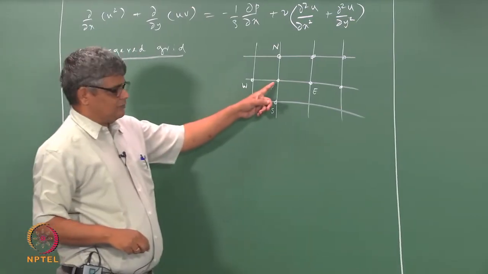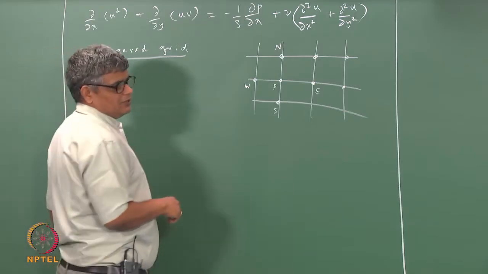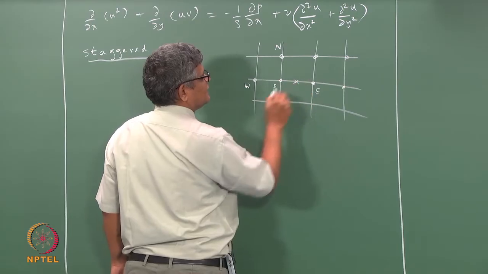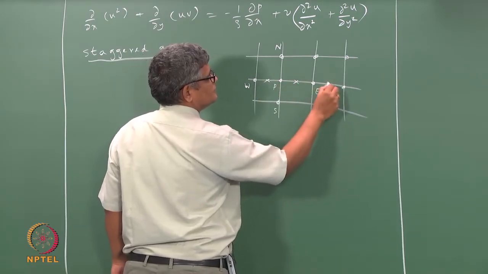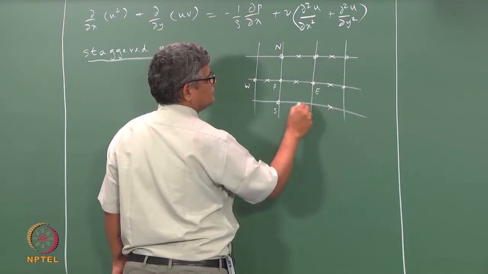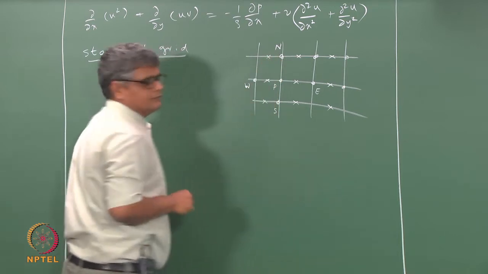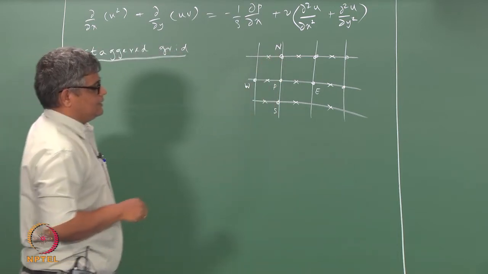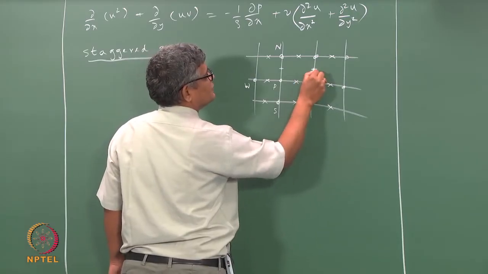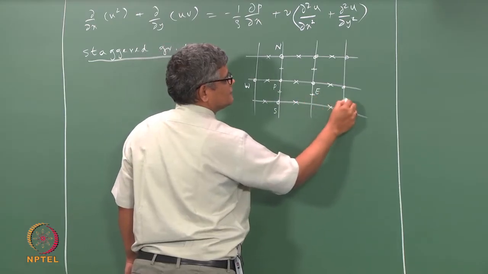With respect to the pressure evaluation, the u velocity component, that is the velocity component in the x direction, is evaluated at these points. And the v velocity is evaluated at these points, which are displaced by half a grid in the y direction.